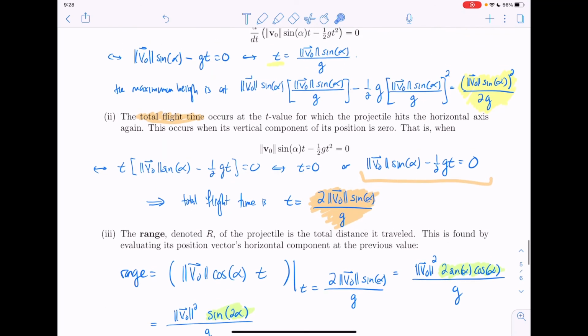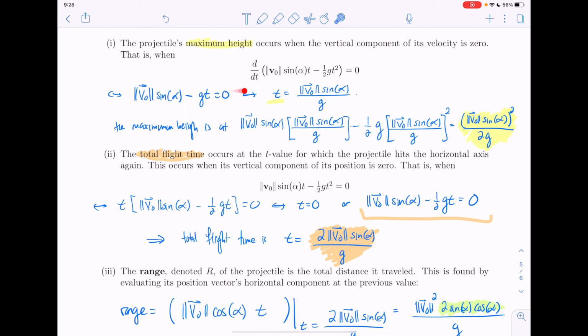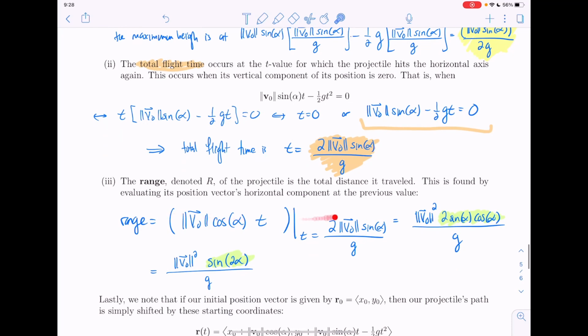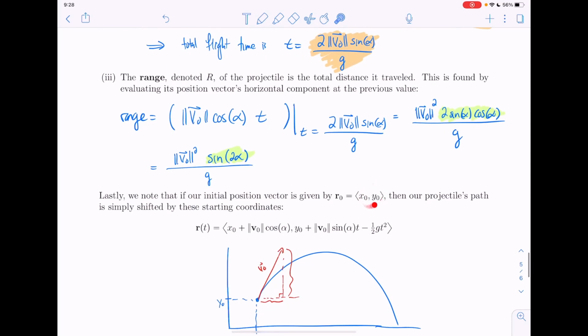So I really do urge you, you need to learn the process for how we do this, because the process will remain the same for each of these. And if you change your initial position and apply the process to your position vector, then you'll always get the right answer.